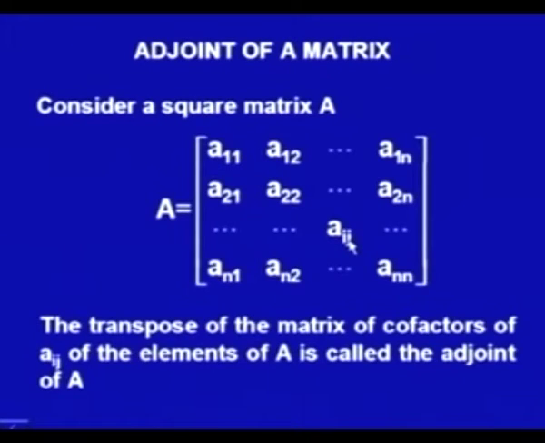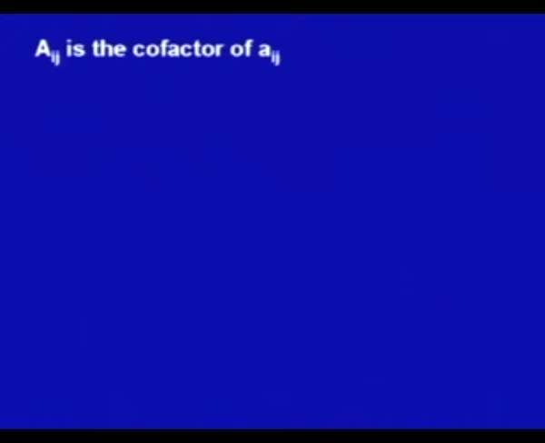The matrix of cofactors Aij of the elements of A is called the adjoint of A. By this I mean to say that Aij is the cofactor of aij. Here the difference is, capital Aij is the cofactor of the ijth element of the matrix, while small aij is the element.